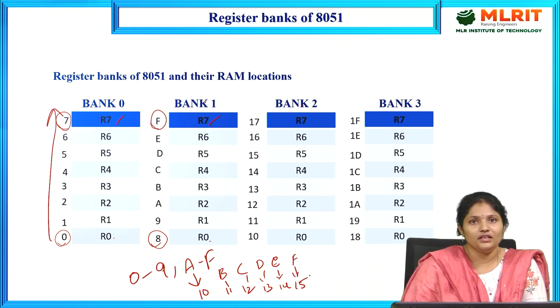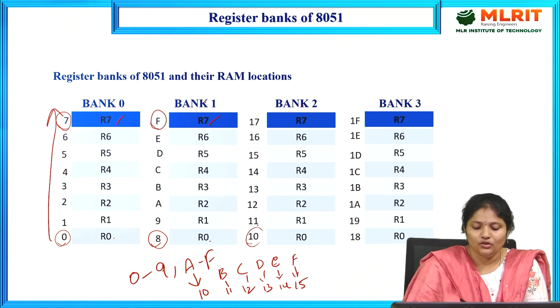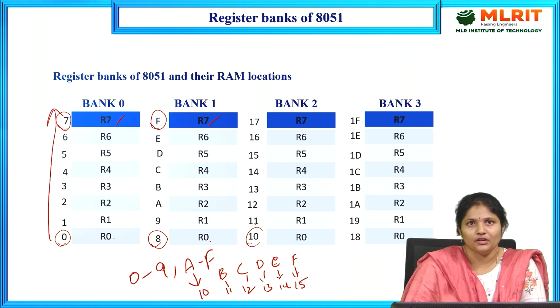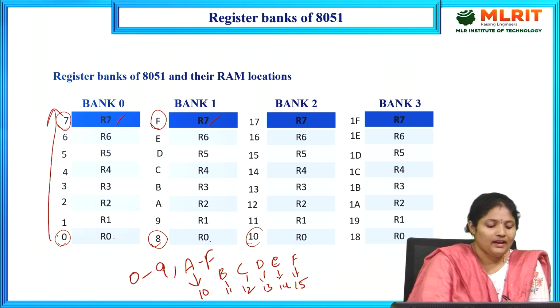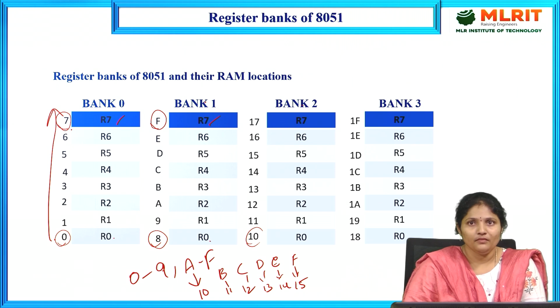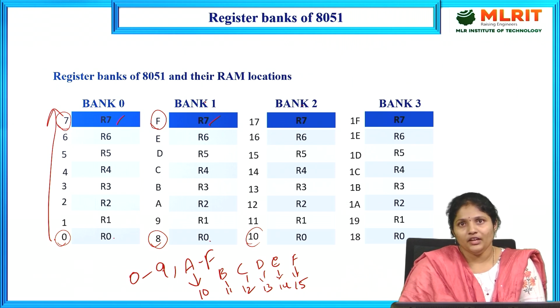After that it starts again from 10, 11. These are the hexadecimal number locations. So these banks hold those particular RAM locations. At a time, we can use only R0 to R7 of a single bank, not 4 banks at a time.